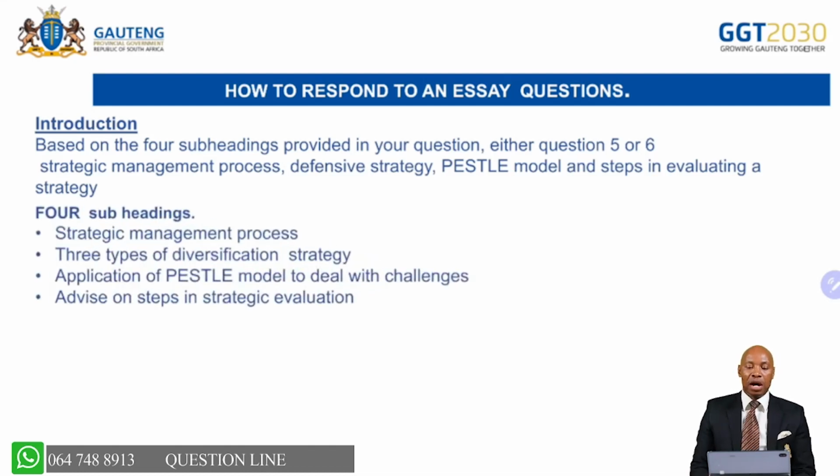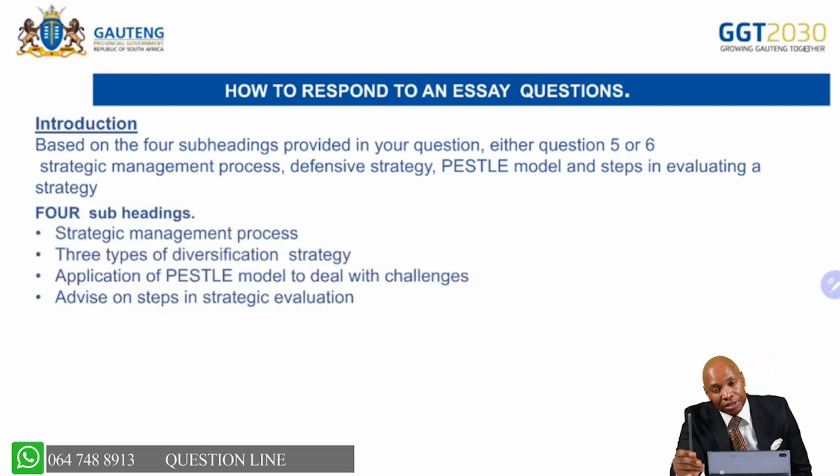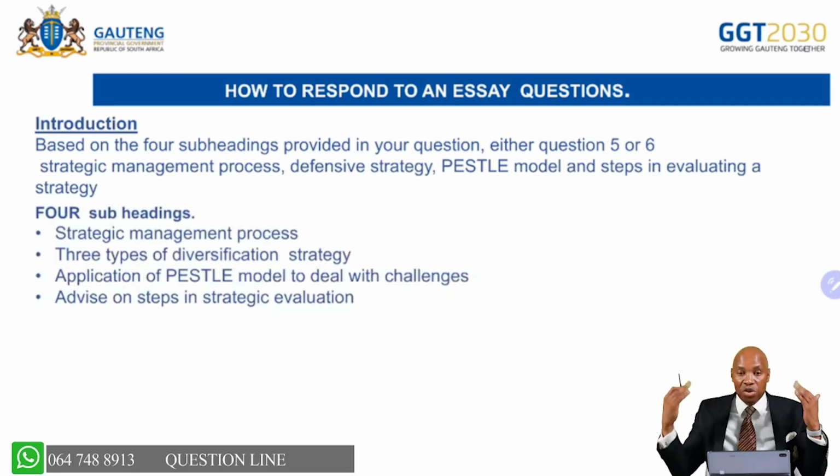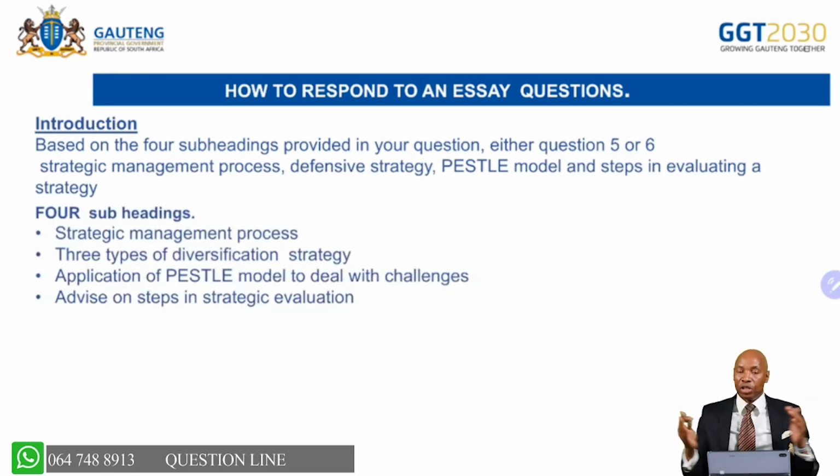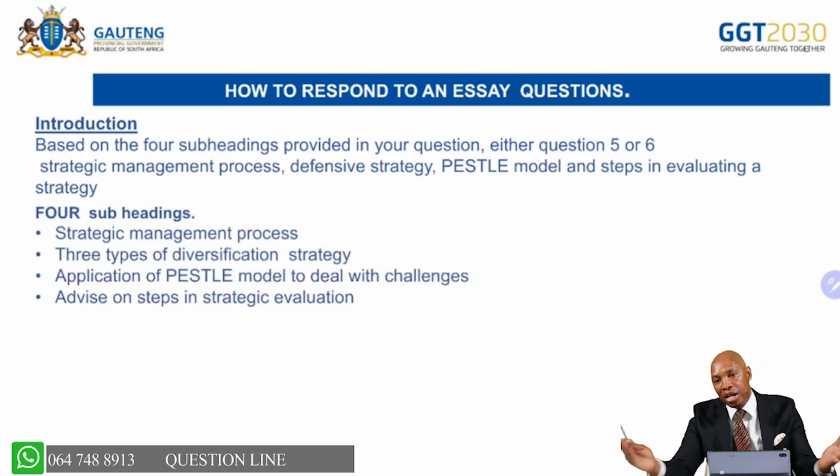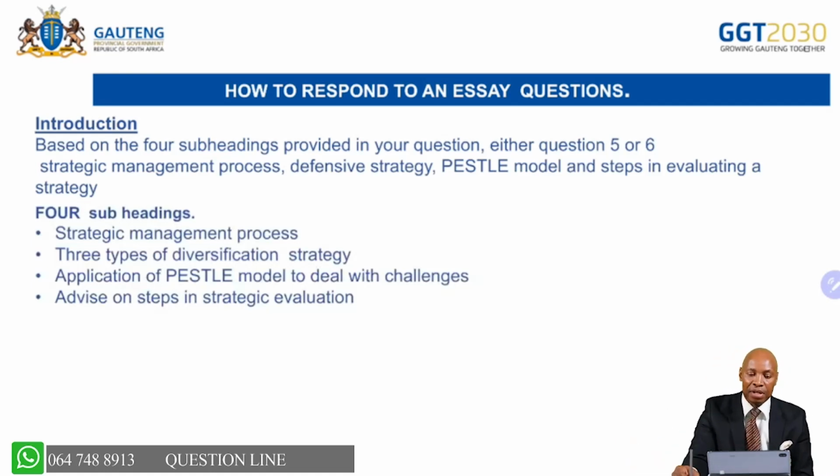Right, then now when we get to the content, I'm not saying body, I'm saying content of the essay. Please do not write the word body. You can just have it in your mind, no problem, but do not write it. Then you must have the 4 sub questions, which you normally call subheadings.